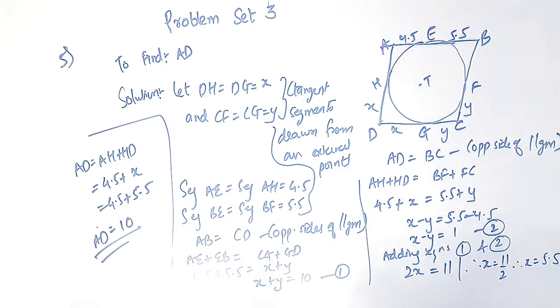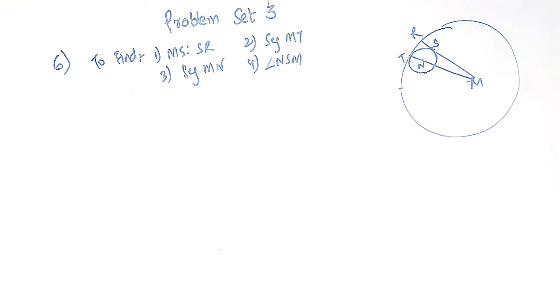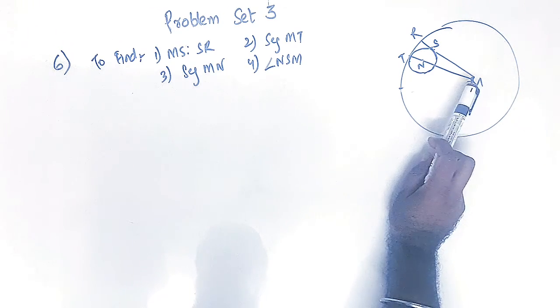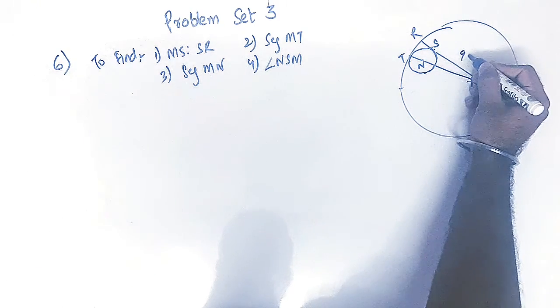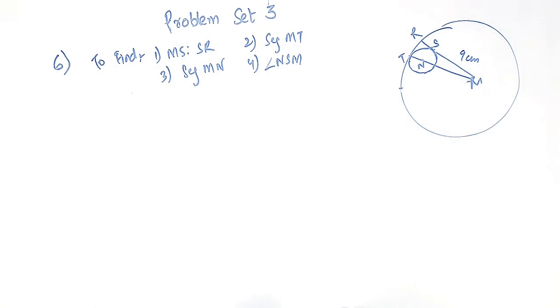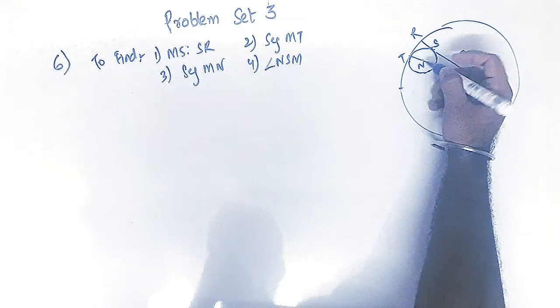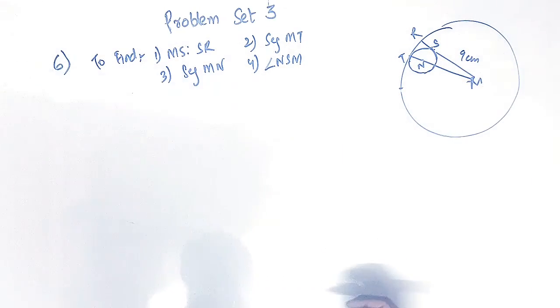Okay, coming to the next one. In question number 6, it is given that the radius of the bigger circle is 9 centimeter. So I am writing here this is 9 centimeter. And the radius of the smaller circle is 2.5 centimeter.